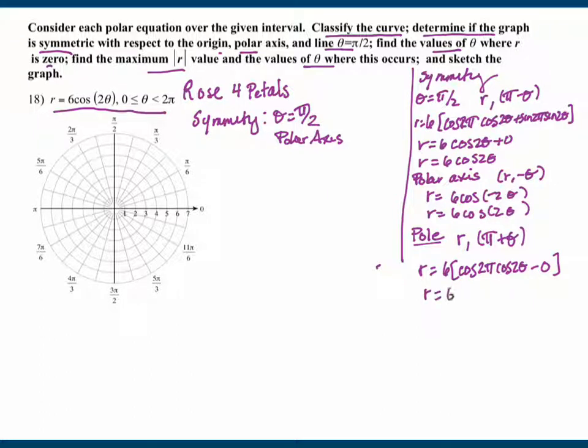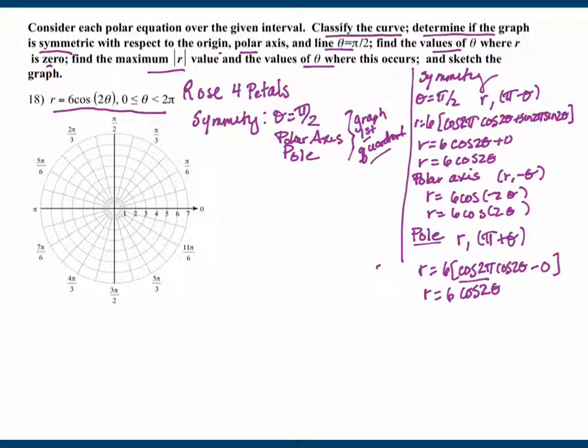So I know r equals 6 cosine 2 theta, because cosine of 2 pi is 1. So it is symmetric to all three. That means I only have to graph the first quadrant to get every point. And I'm going to show you, you don't need your calculator for this one. Okay?